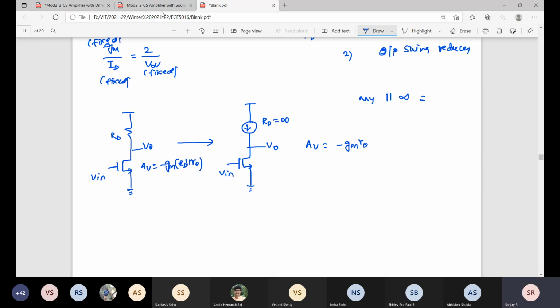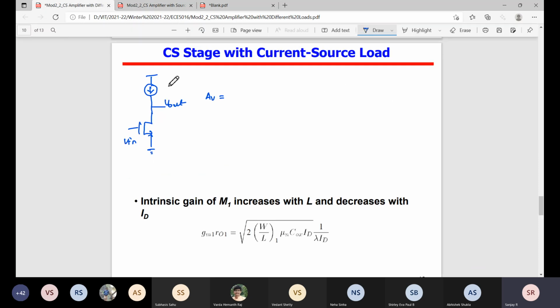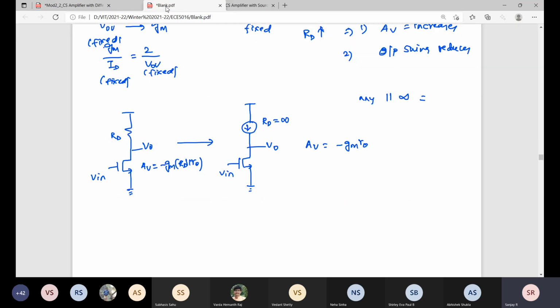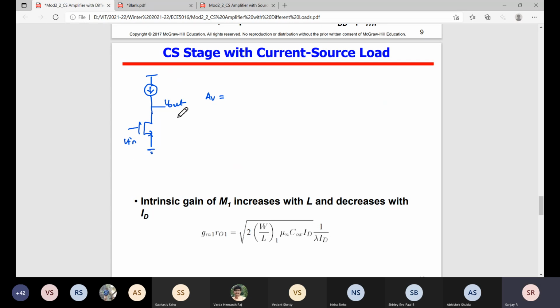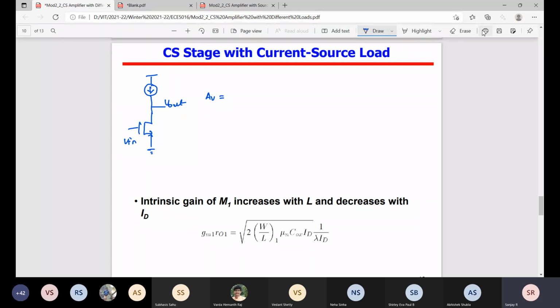Let me draw the small signal equivalent here. Before that, let me draw the small signal circuit. Here V in. The gate-source voltage is V in, so GM V in.